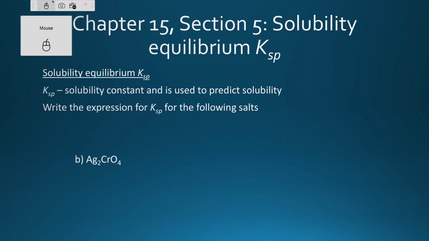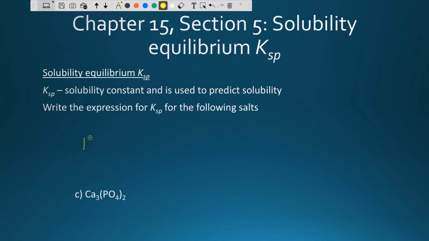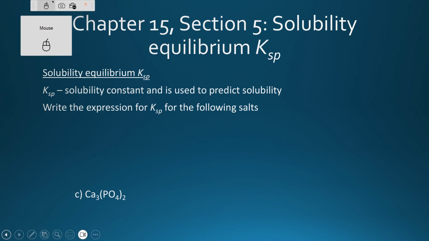Now we take a look at the next one, and you see that it's going to be one more level of this because my KSP is going to be my calcium ion raised to the 3rd power times my phosphate ion, PO4 -3, raised to the 2nd power. So it's just dissociating those into those ions, and you know how to calculate for your K value.